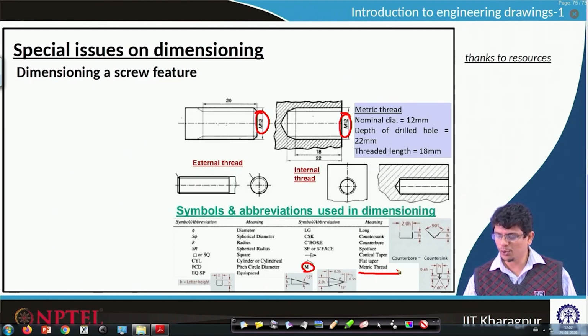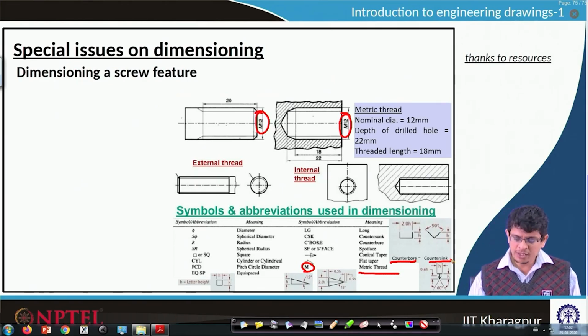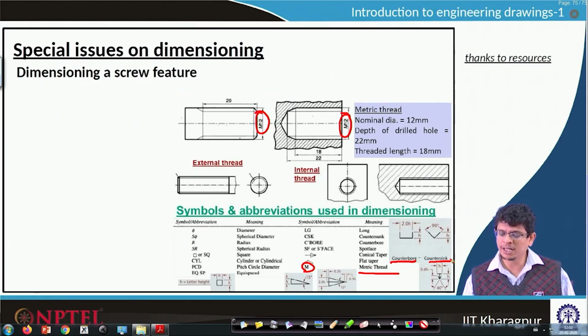There are a variety of holes, such as counterbores, countersinks and so on, and special symbols that people usually use. So, on a drawing sheet, symbols and dimensioning units are the most important thing if you want to convey a picture to the machinist.